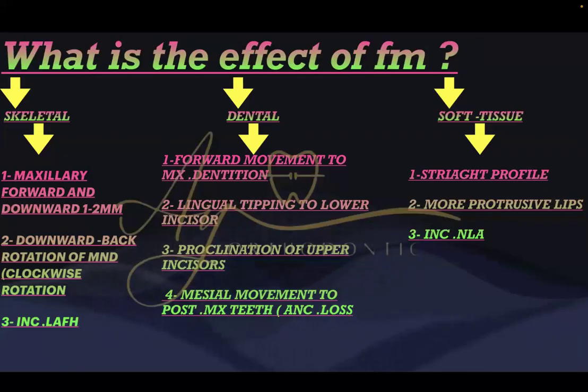Okay, just imagine what will happen when you are going to place the face mask. The face mask is used in retrusive maxilla. So it's going to pull the maxilla more forward and downward, causing the mandible to rotate in clockwise rotation, leading to increase in the lower anterior facial height.